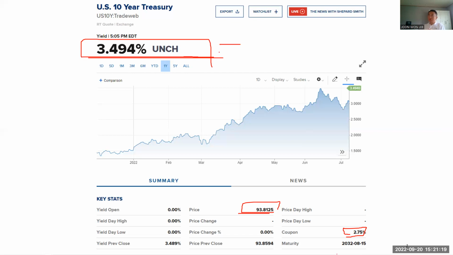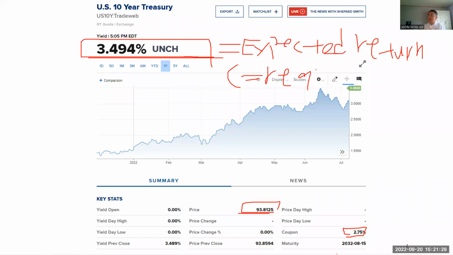So this is going to be the expected return. Expected return is the same as required return, right? When you expect something, if you don't like this rate, then you should not buy this treasury bond.